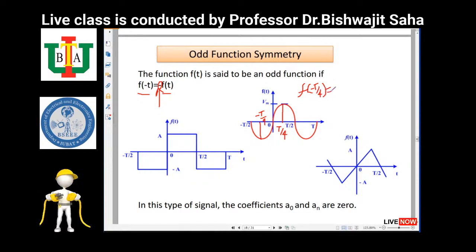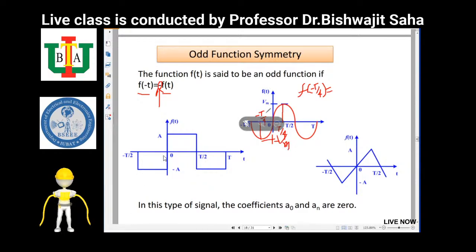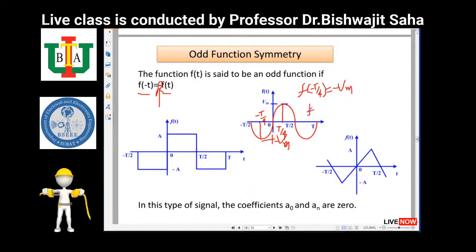Up to this point, what is this? Minus Bm, right? Because the maximum amplitude of the negative part is minus Bm. So it becomes minus Bm, while f of T by 4 equals Bm.